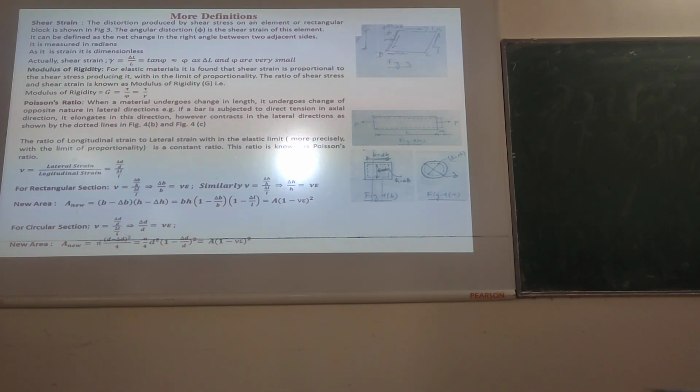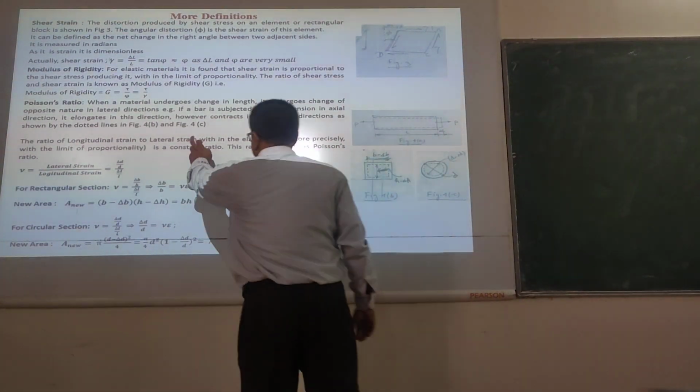You must understand, Poisson's ratio is a material property. It's not that if I take a longer bar with a smaller cross section, my Poisson's ratio will change compared to a shorter bar with a larger cross section area. Poisson's ratio is a material property and this ratio is constant.